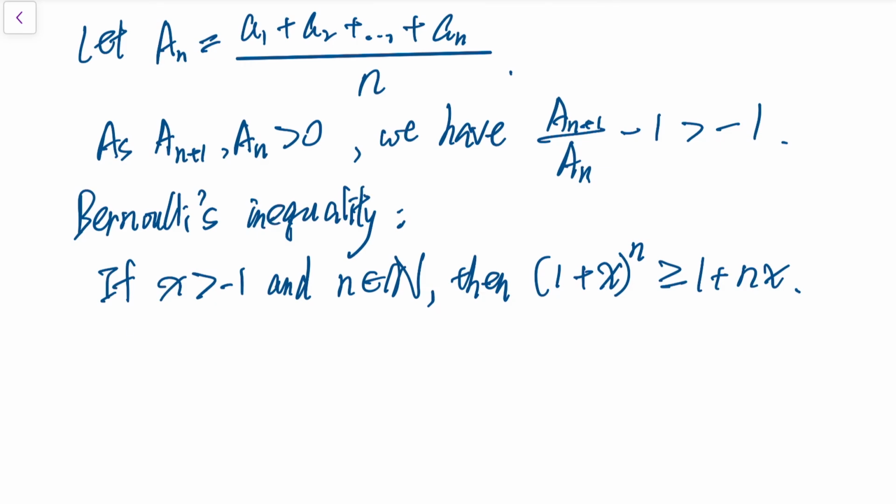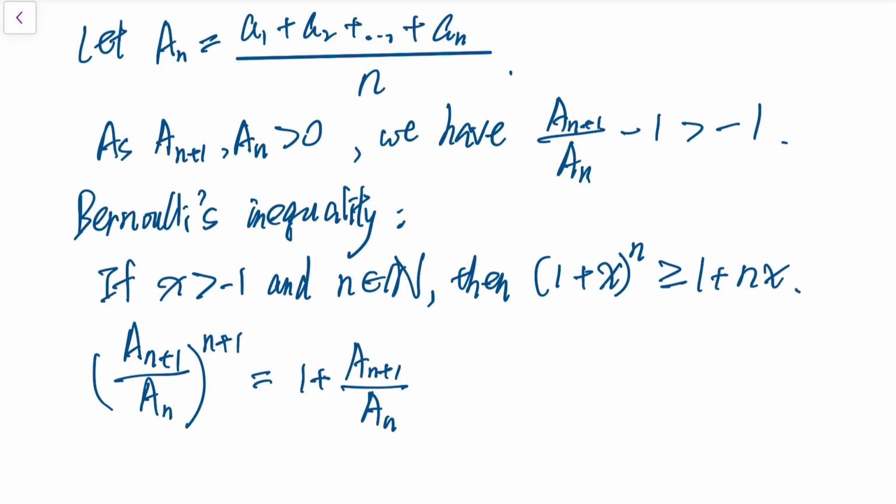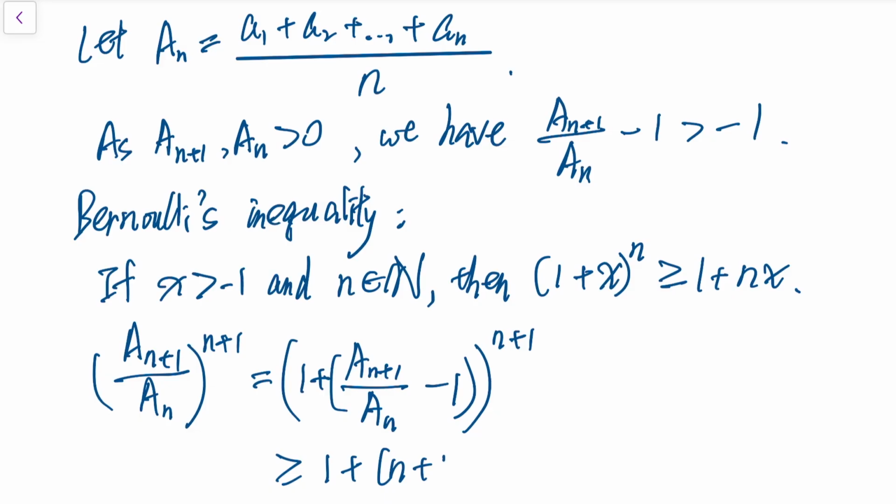We know that (An+1 over An) to the power n+1 is equal to (1 + (An+1 over An minus 1)) to the power n+1. By Bernoulli's inequality, we have this is at least 1 + (n+1)(An+1 over An minus 1).